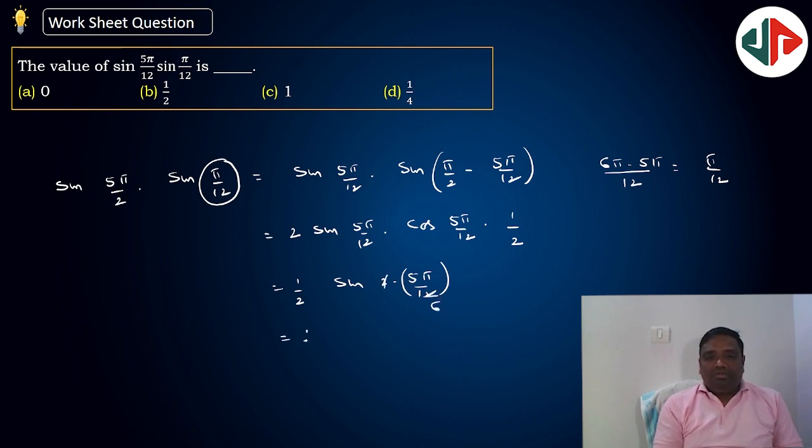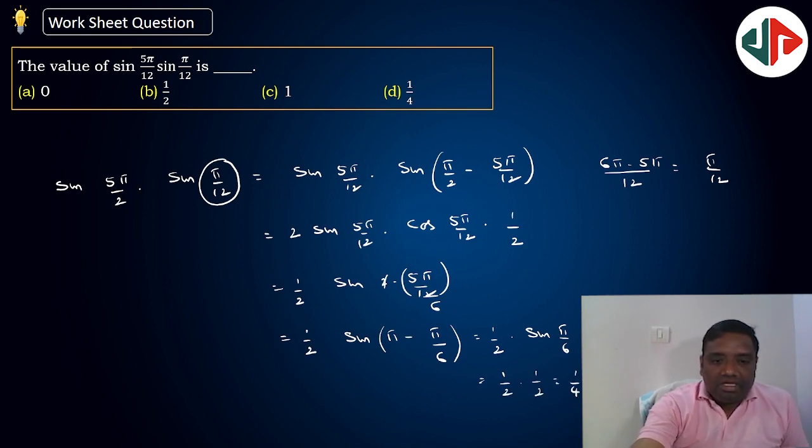So it is nothing but 1 by 2 times sine of pi minus pi by 6. Sine of 180 minus theta is sine theta only. So sine of pi by 6. Sine 30 value is 1 by 2. So your answer is 1 by 4. Is it clear, please?